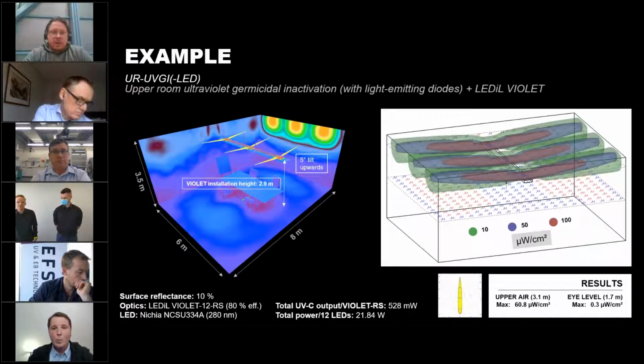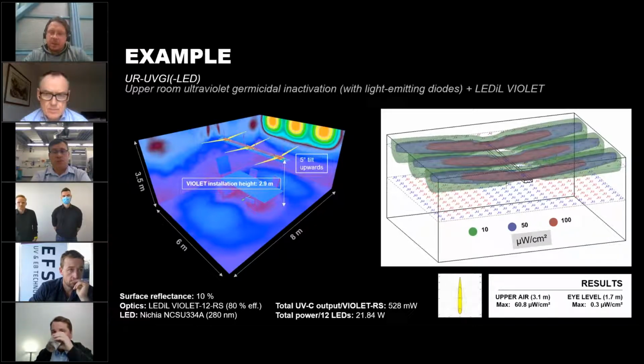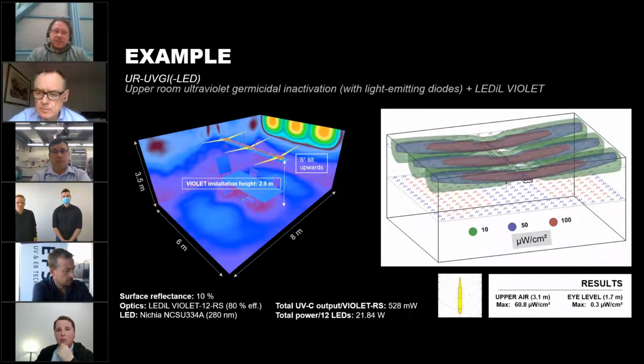And there are limits on the amount of UVC dose that you can have in these kinds of applications. The maximum safe level of this eye level exposure for the 8-hour exposure time is 0.4 microwatts per square centimeter.